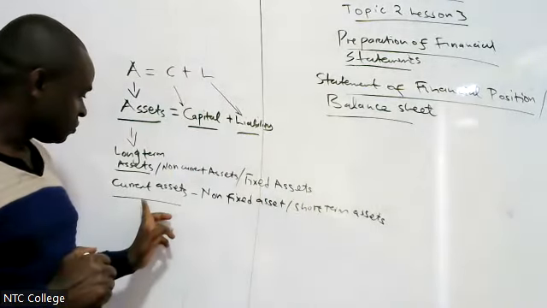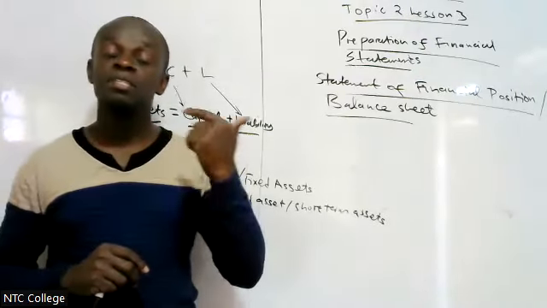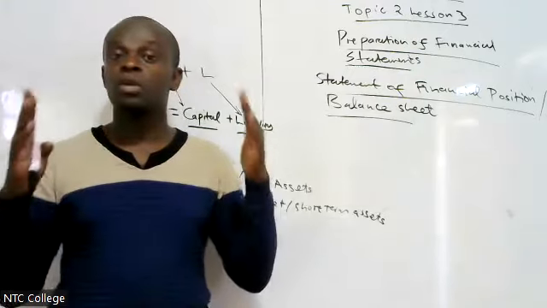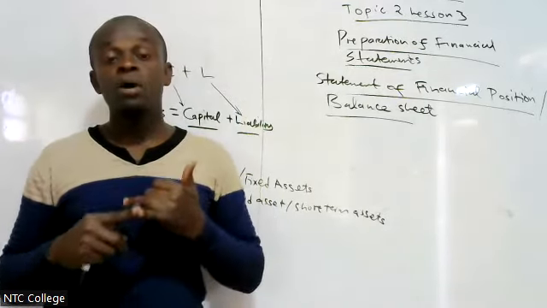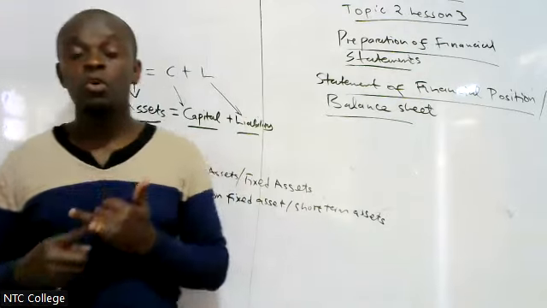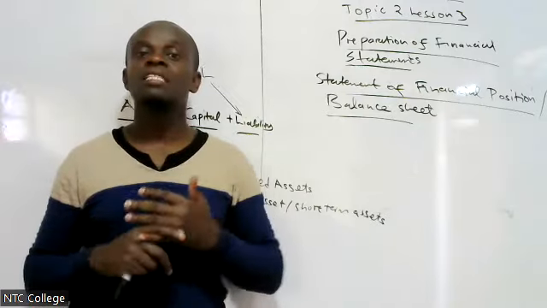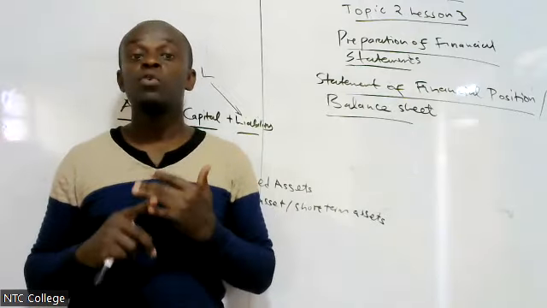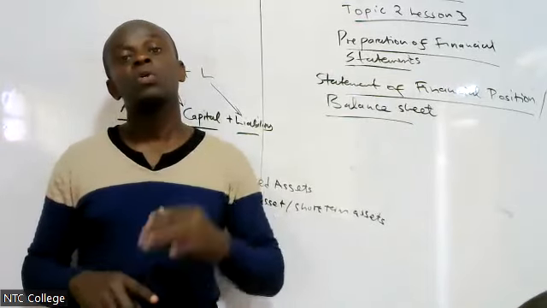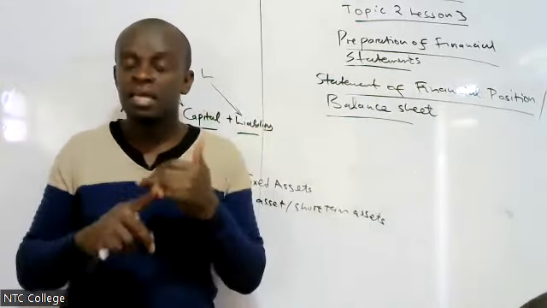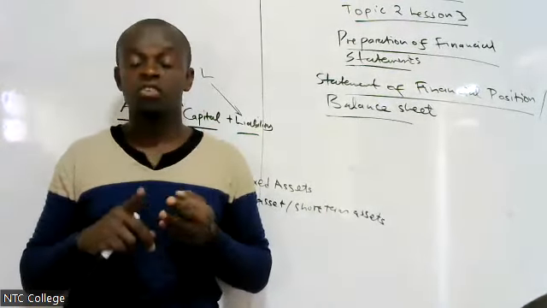Then we have current assets. These are things that the business owns, but they're not expected to last long. For instance, stock. When your business has got stock, that stock is not expected to last for more than a year because no one buys stock to last long in their business. So if you have a hardware, and this hardware has got a stock of cement, metal bars, name them.